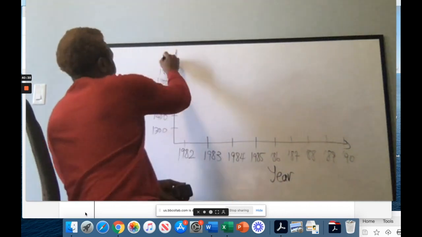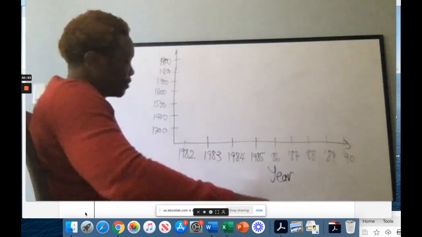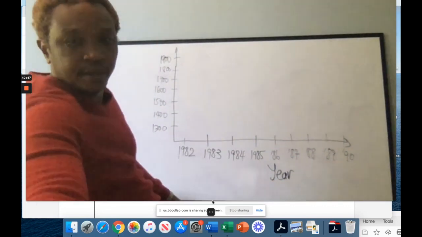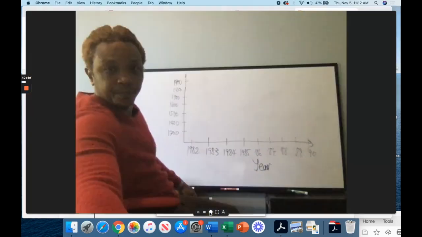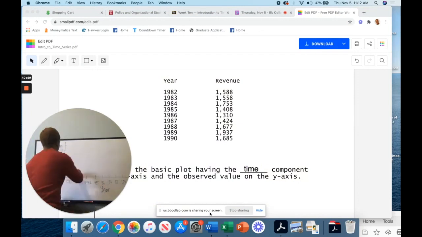All right. Now just literally go through and put a dot that corresponds with the data. 1982 is 1588, roughly around here. Oh, I don't know, 1558.